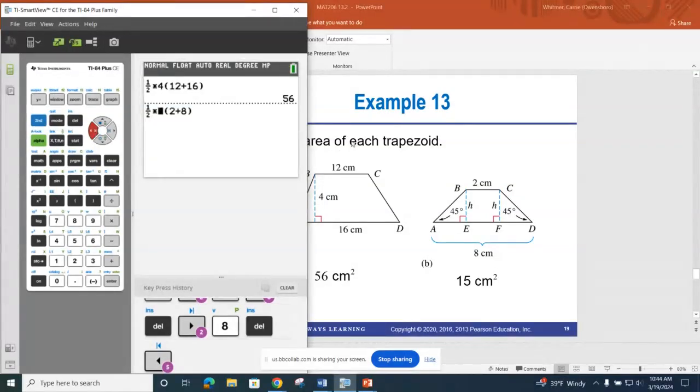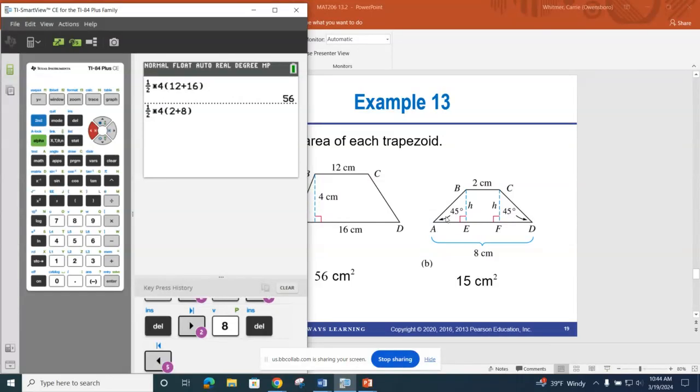So I need to figure out my height. Well, if this whole thing is 8, and I know this much is 2, then 8 minus 2 is 6. I'm left with 6 centimeters to split between AE and FD. So each of these will be 3.